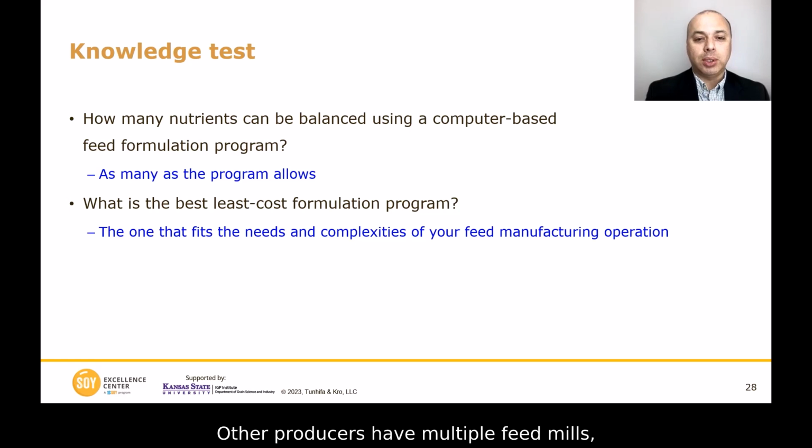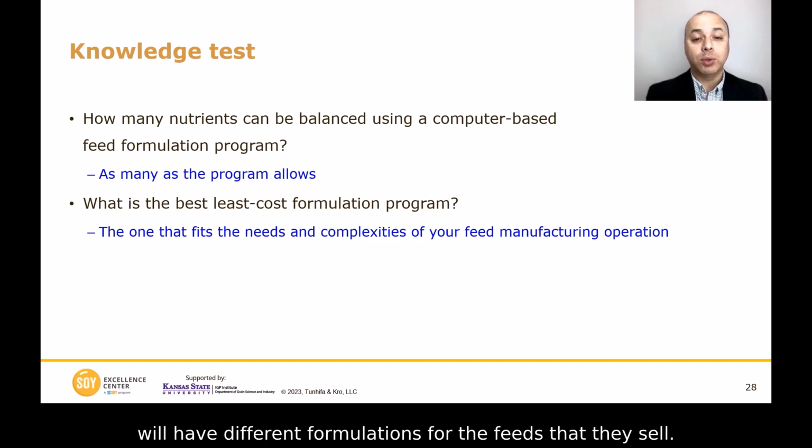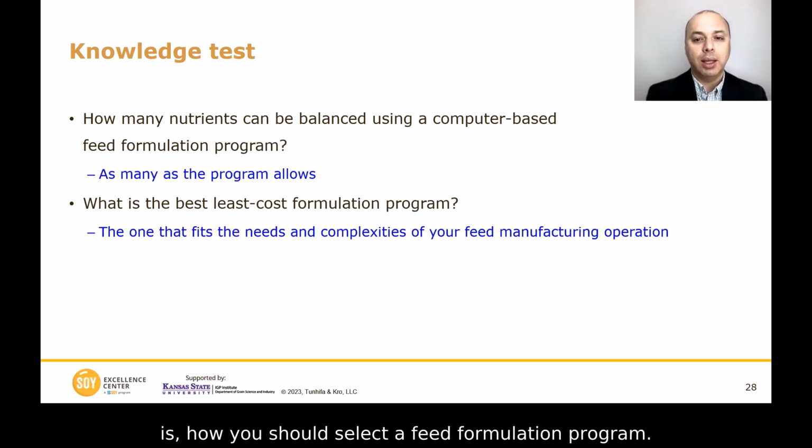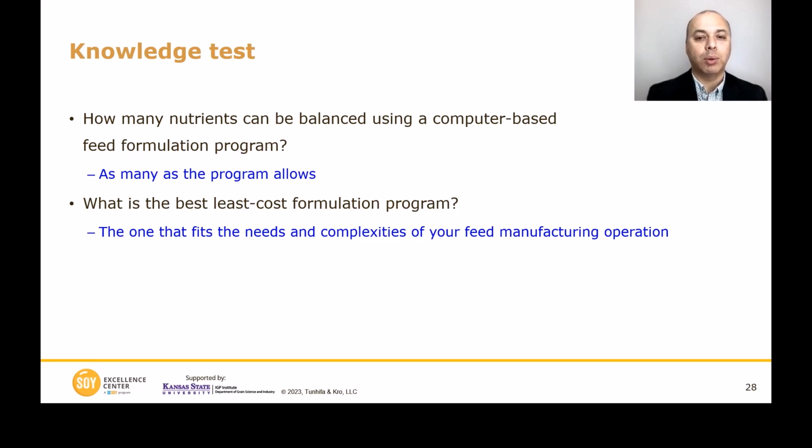Other producers have multiple feed mills, multiple formulations. Some will have feed formulations they use for their own pigs, and different formulations for the feeds that they sell. So it depends on the complexity of your operation how you should select a feed formulation program.